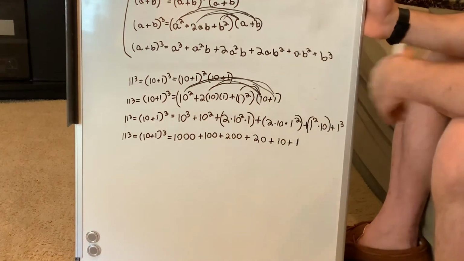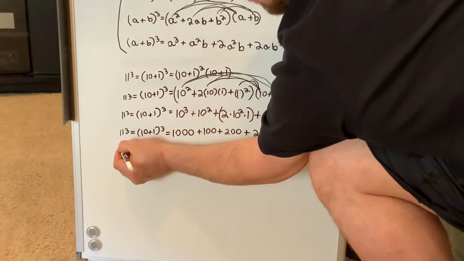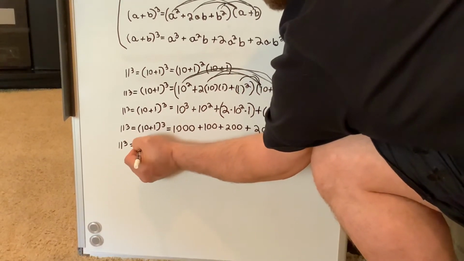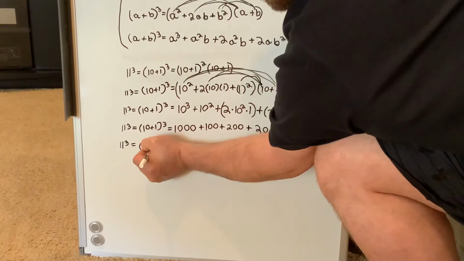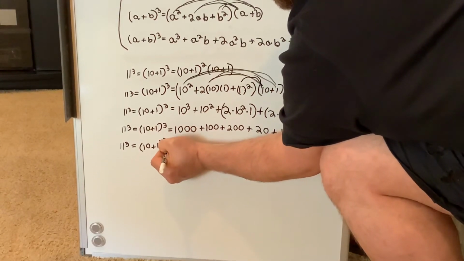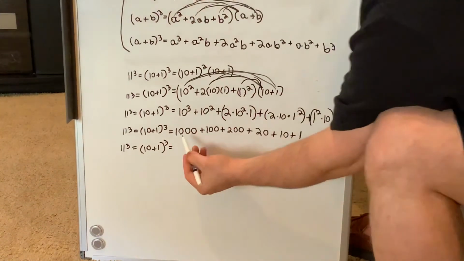So now we just have to combine these. And so our final line, I think we're about to get it. We're going to do 11 cubed. Remember, that was equal to 10 plus 1 cubed. Equals, and then we're just going to add.